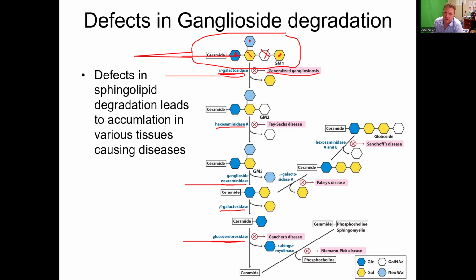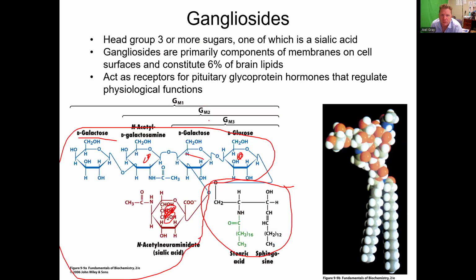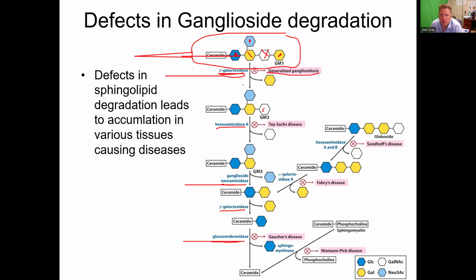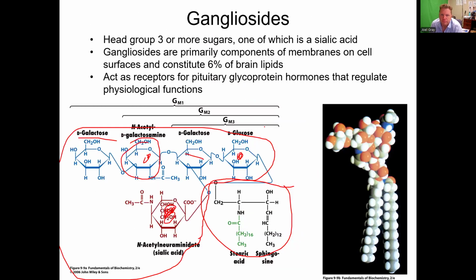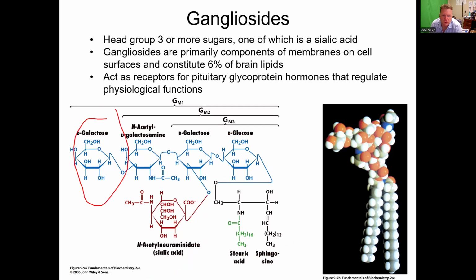The next enzyme in this process removes this N-acetylgalactosamine, so this sugar right here. If somebody has a functional beta-galactosidase, this galactose is going to be removed by beta-galactosidase.